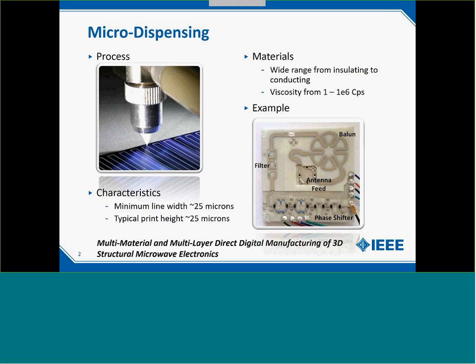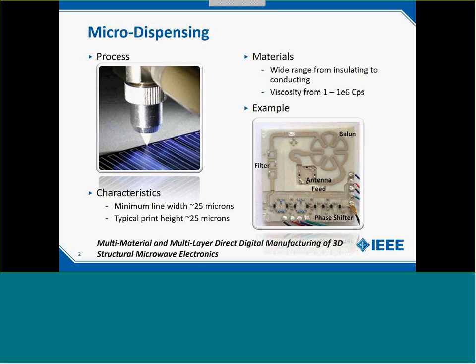And depending on the nozzle size and the material that's being used and the substrate that the material is being deposited on, it's possible to achieve line widths of around 25 microns and print heights of similar dimensions, about 25 microns. So this essentially can be considered like a thick film process almost, but it has the direct write capability.